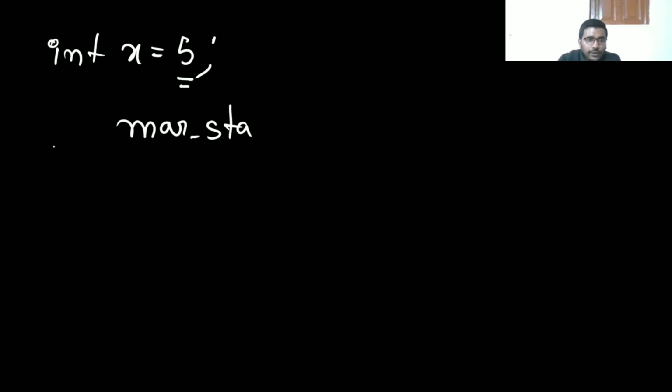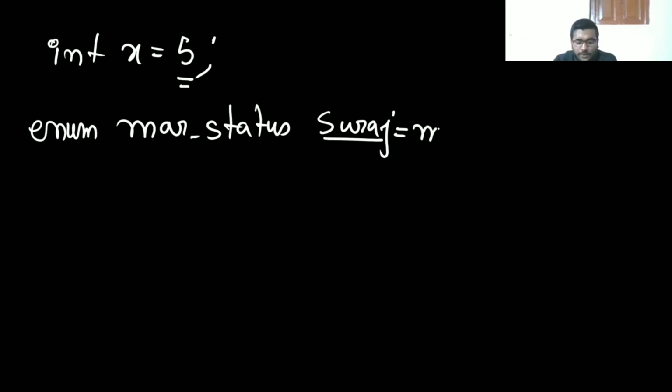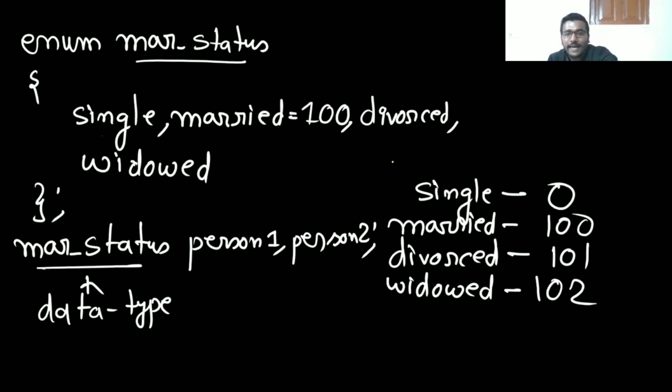So, enum marital status, and let's assume Suraj, so me only, is a variable. It's married. So this is the status, and this is a data type. You can have values also, but Suraj can store the value only as either single, married, divorced or widow.